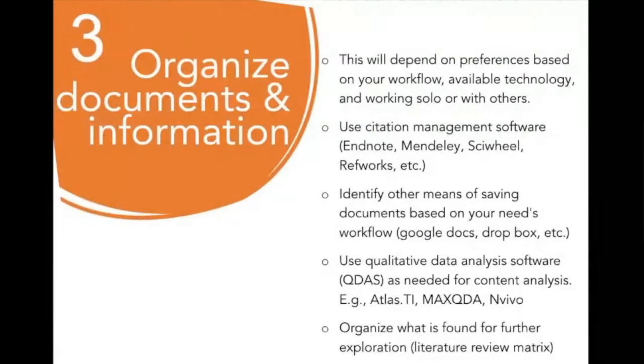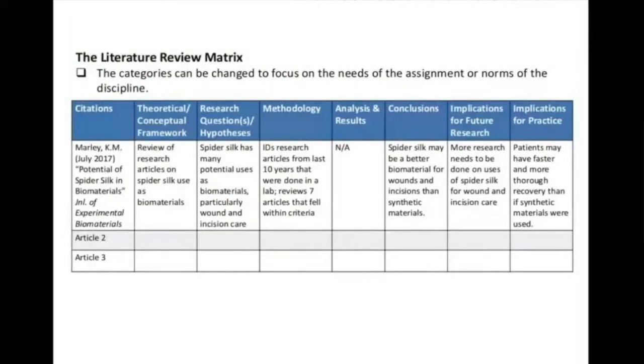Okay, and I want to suggest you prepare, in order to organize documentation, I always do it in the form of a literature review matrix. What is a literature review matrix? It is generating a table with different criteria that you want to assess for your selected article or journal. For example, here the reference, the theory and concept of that article, the research question from this article, what is the methodology used, the analysis, and the conclusion or implication for future research.